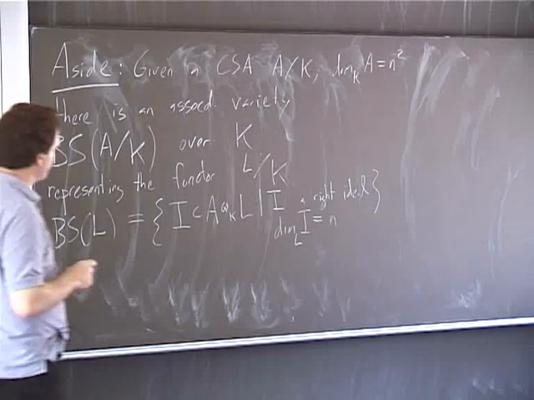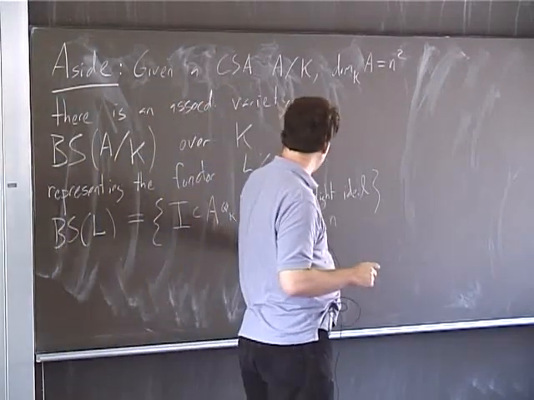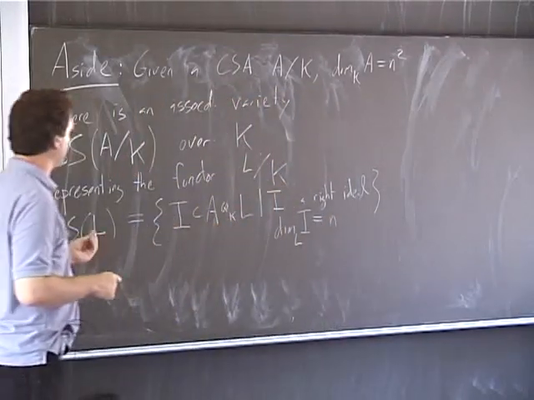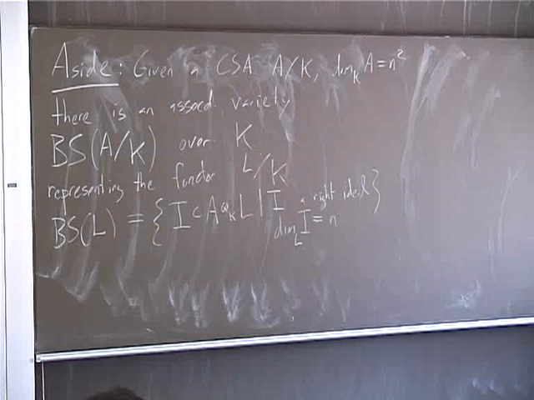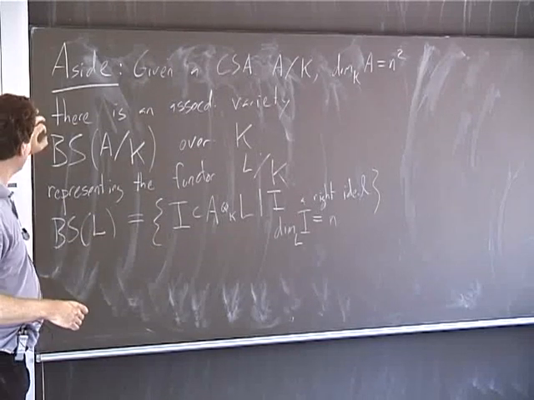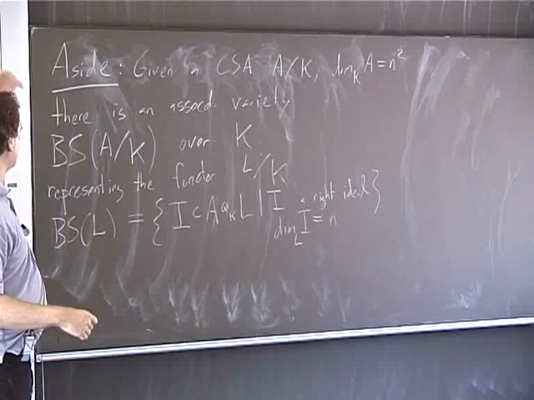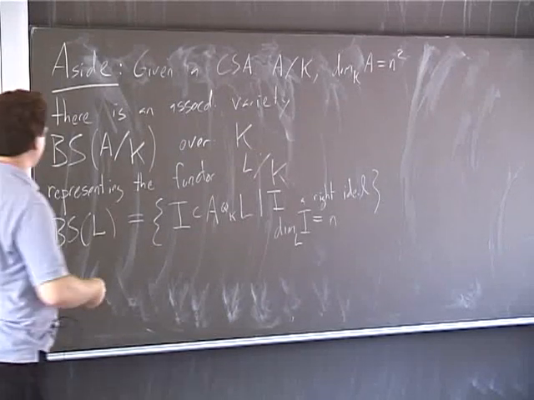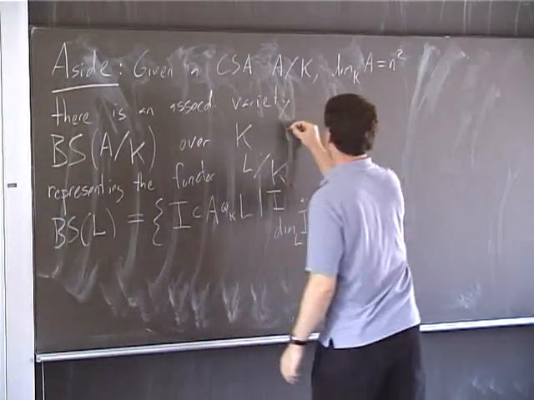If we fix that the dimension of the ideal should be n, that means the subspace we're fixing is one-dimensional. So we're looking at one-dimensional subspaces of our fixed n-dimensional vector space, which is projective space. So when you base change this Brauer-Severi variety to the separable closure of K, it's just projective space P^(n-1). So it's a twist of projective space.